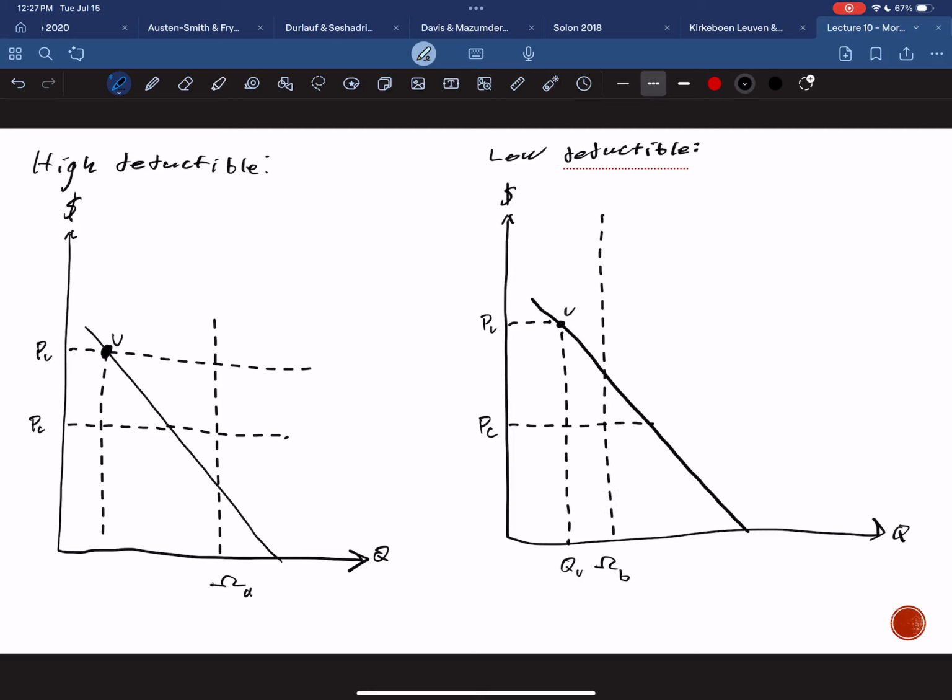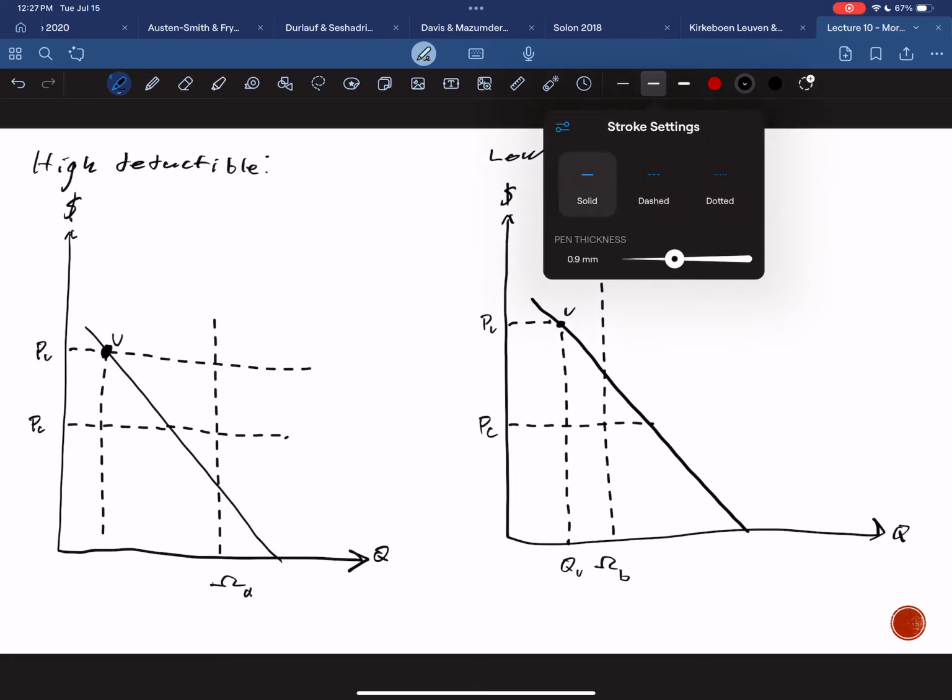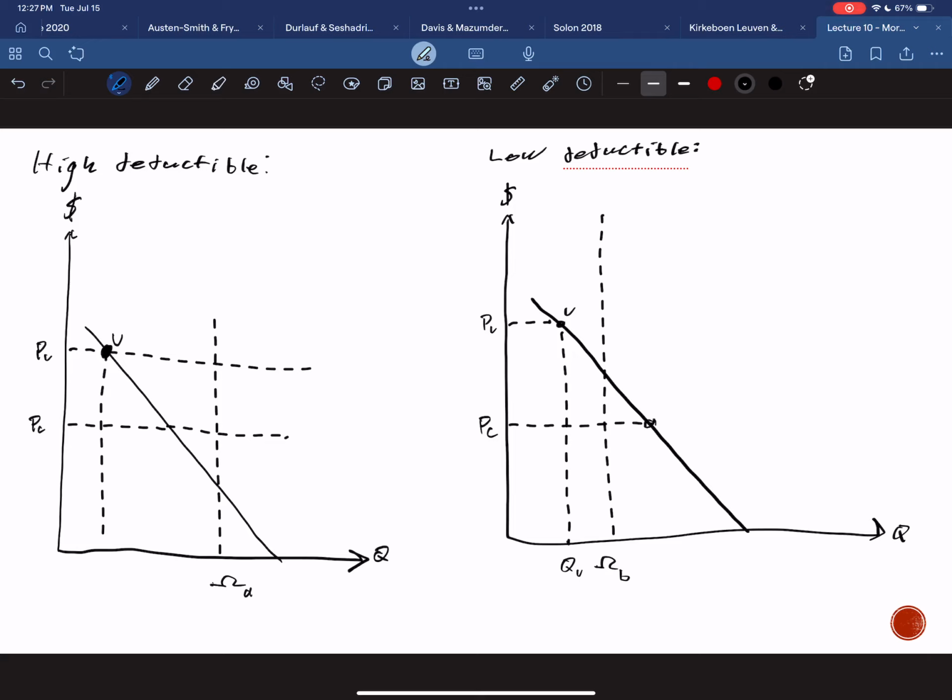So I'm responsible for all healthcare expenses up until that point. Well, how much am I going to consume is the question, right? I'm going to consume this much, because this is a point where price equals quantity, right? So I'm going to consume this much medical care.